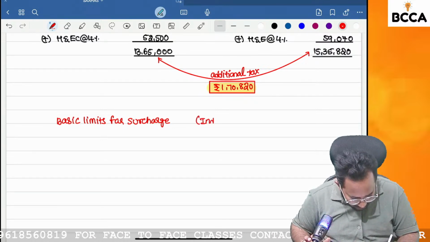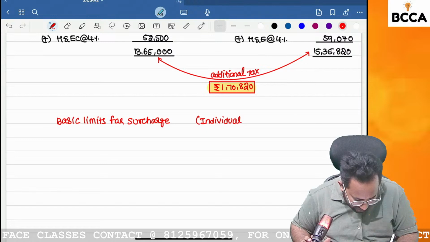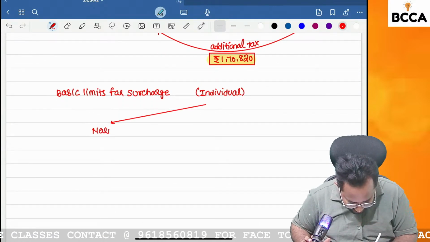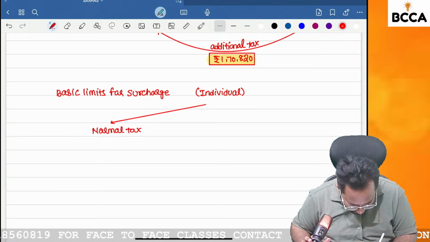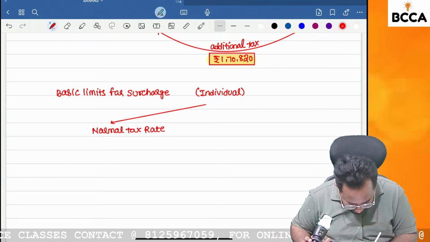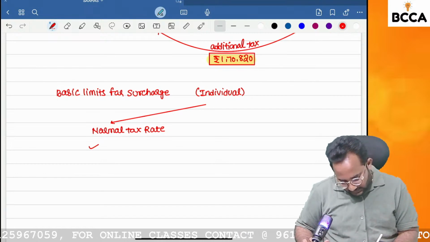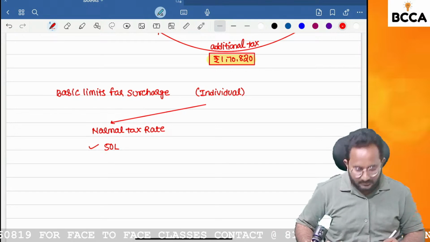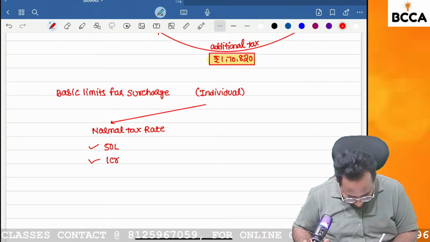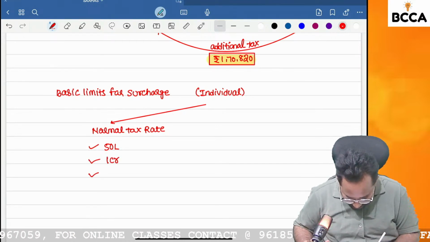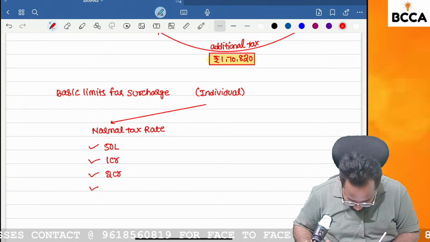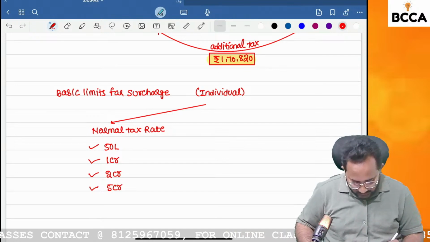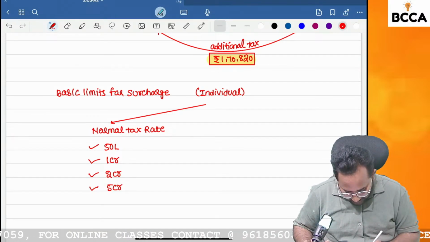If I ask like this, you need to ask whether normal or optional tax rate. Under the normal tax rate, yes sir. First, if 50 lakhs is crossed, I need to levy the surcharge. Next limit is 1 crore. The next limit is 2 crore. Next limit is 5 crore. So these are all the limits in the case of an individual.